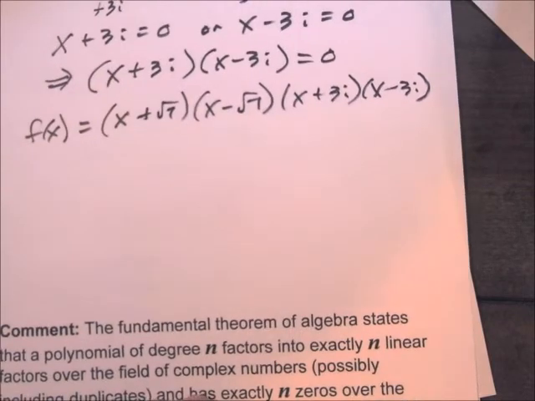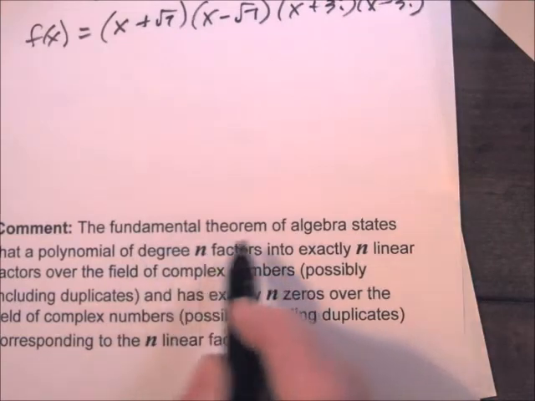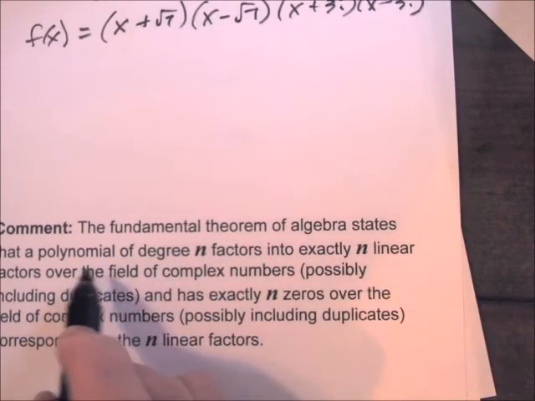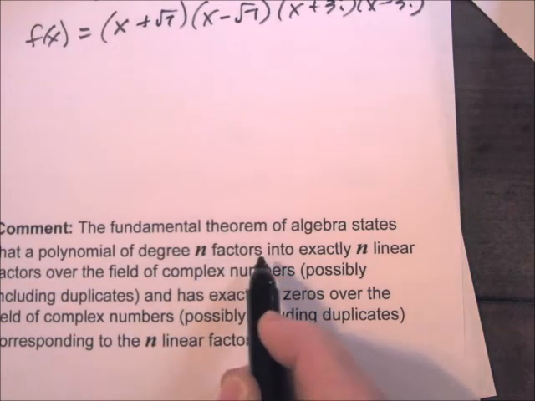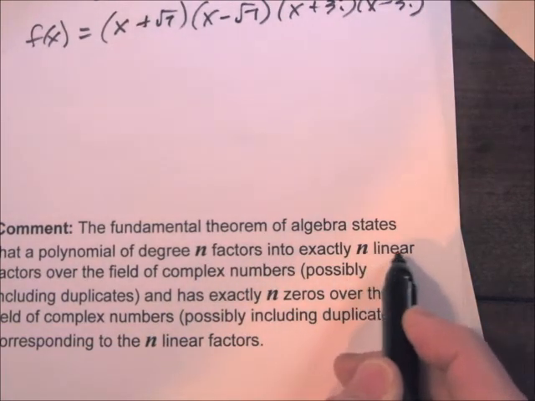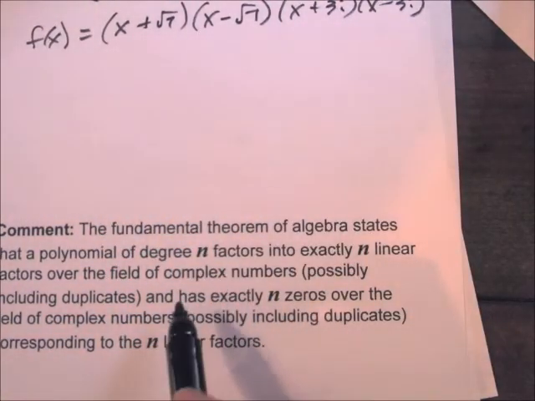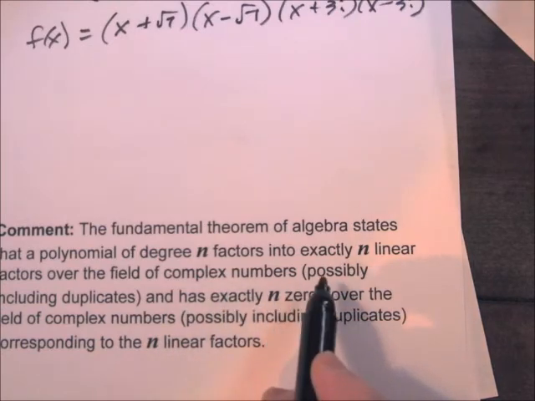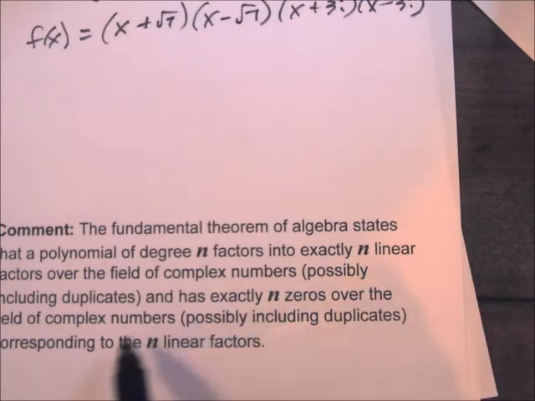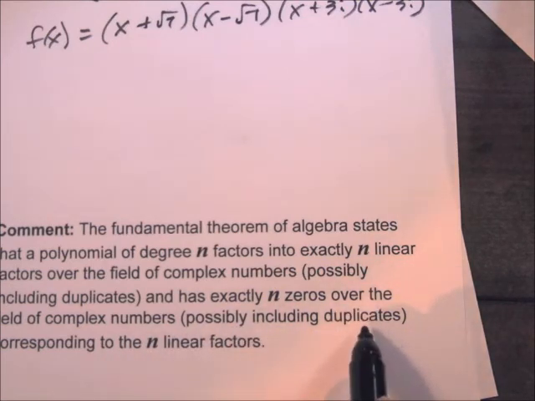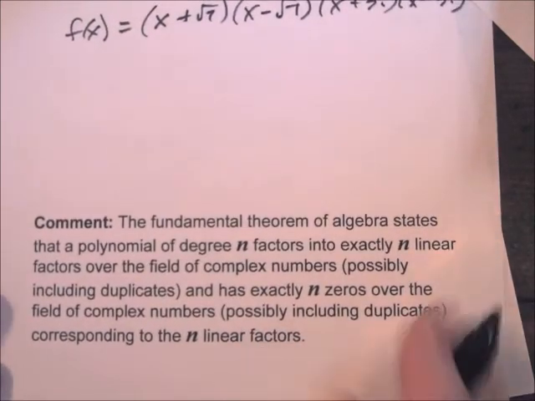And just a comment here, the fundamental theorem of algebra states that a polynomial of degree n, in this case we had degree 4, factors into exactly n linear factors, in this case 4 linear factors, 1, 2, 3, 4, over the field of complex numbers, possibly including duplicates, and has exactly n zeros over the field of complex numbers, possibly including duplicates, corresponding to these n linear factors.